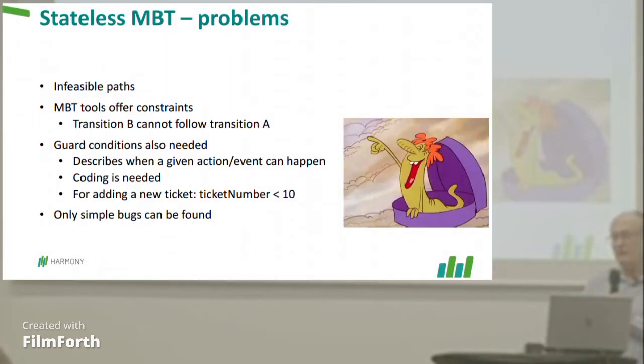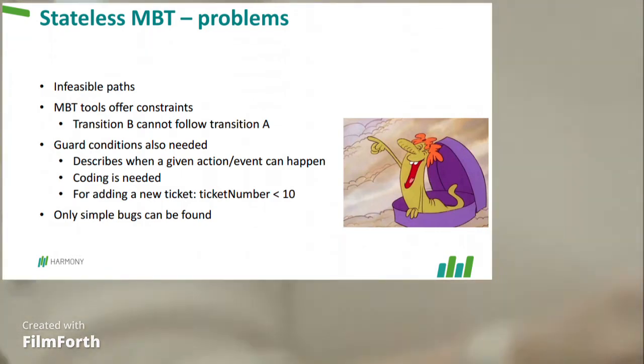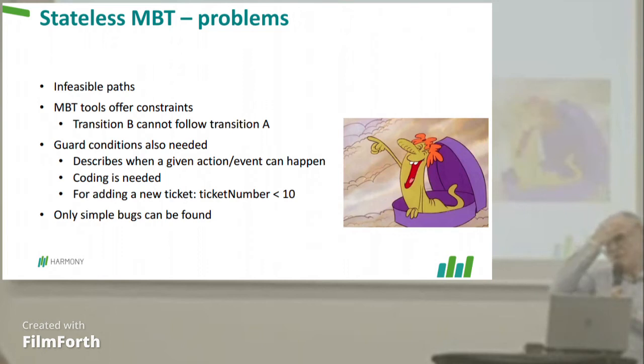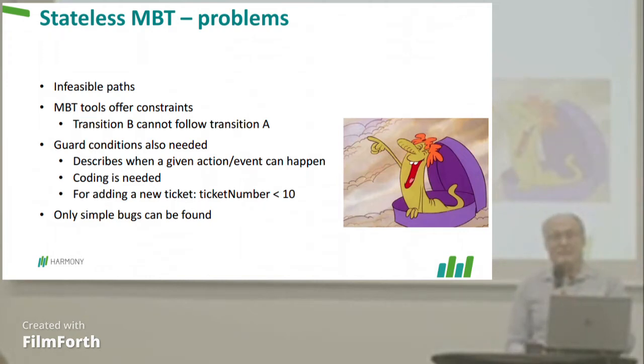Here are the problems with this method. The first is that there are invalid paths, because when you are generating test cases, there may be invalid test steps. For example, if the last step is that you add a third bike into the cart, and the next step is to remove the second bike, it's not possible.